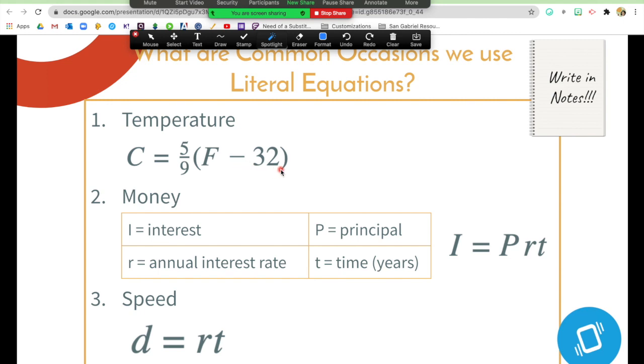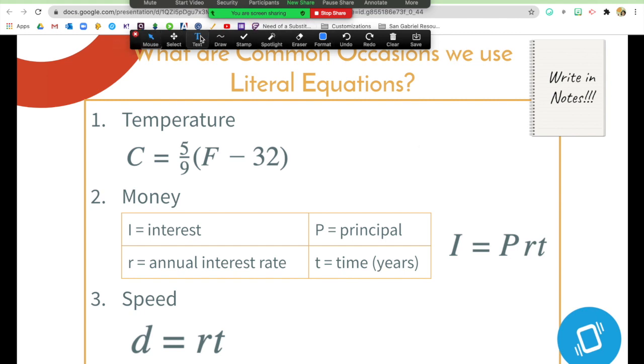So normally we use this to convert the Fahrenheit into Celsius. We also use it when discussing money, when we have something like the formula interest equals principal times the rate, annual interest rate, times the time here. And then the other one is also speed, where distance equals rate times time.